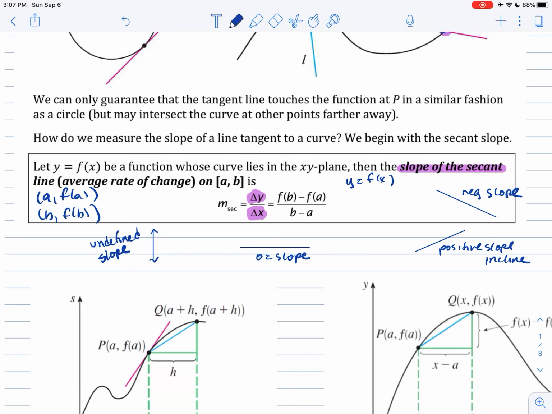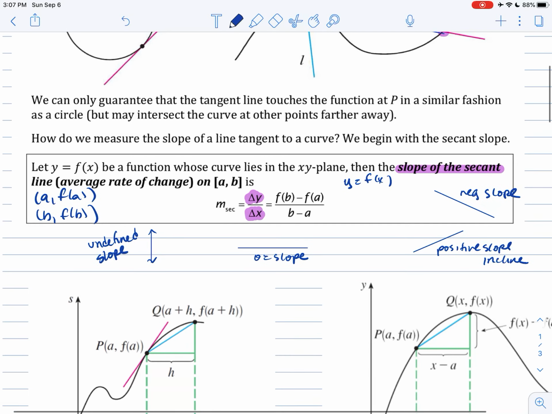Then we do see f of b minus f of a over b minus a is our change in y over change in x. And you might also make that connection with y2 minus y1 over x2 minus x1.